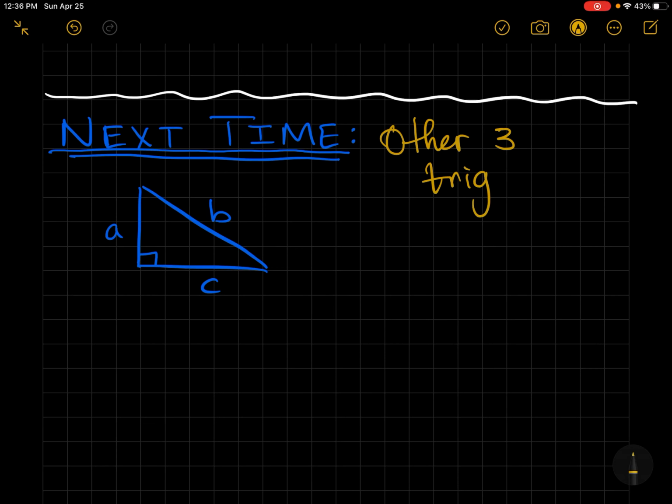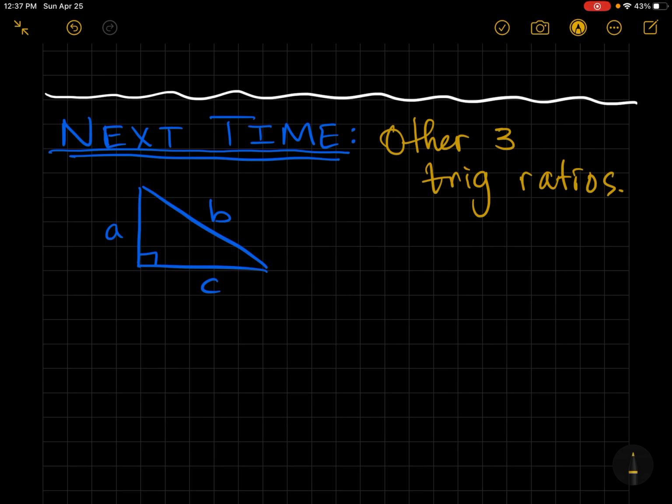Okay? And for a moment, I'd like to make sure you know why they're necessary, or why we even say we have 3 more. If you take a triangle, it has 3 sides. The trig ratios only compare 2 out of the 3.